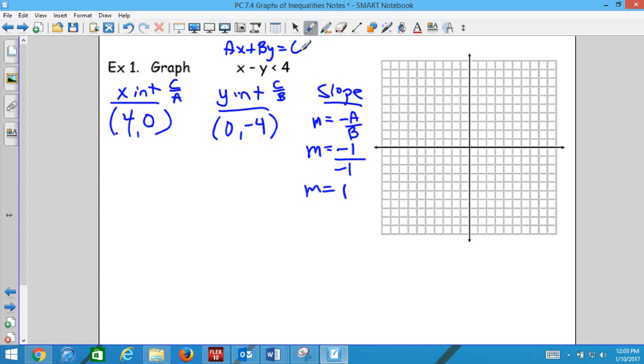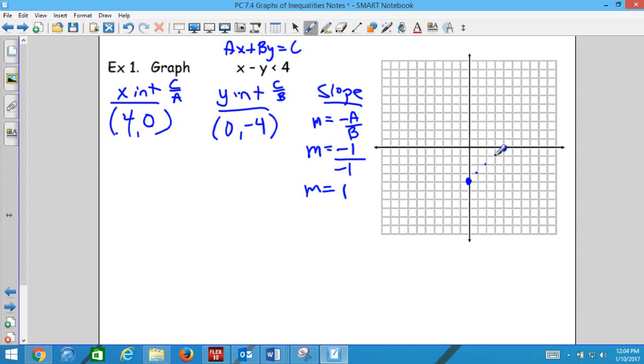Okay, so you don't necessarily need the slope. You just need two pieces of information. We can use both ordered pairs, 4 and negative 4. Or we could use one of those ordered pairs and the slope of 1. Now when you go to connect it, this is what's different.